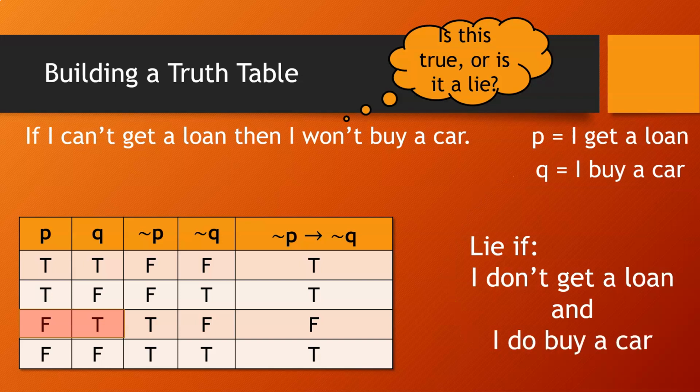So, looking back at our statement again, if I can't get a loan, then I won't buy a car, is a lie if what really happens is I don't get a loan, but then I do go ahead and buy a car.